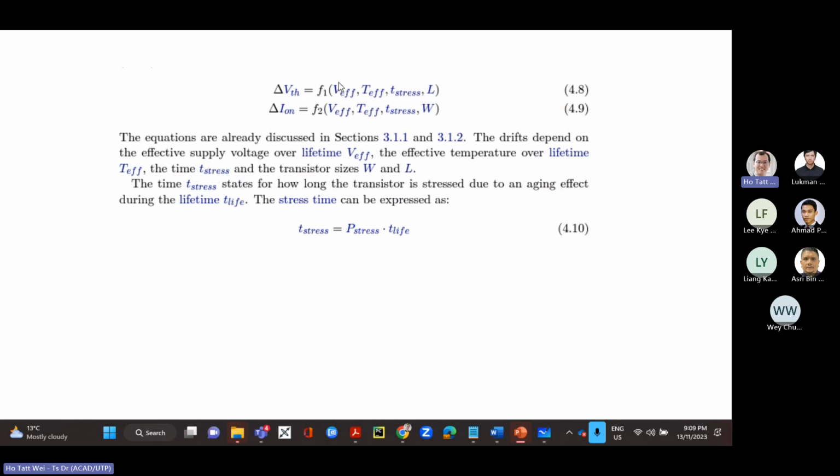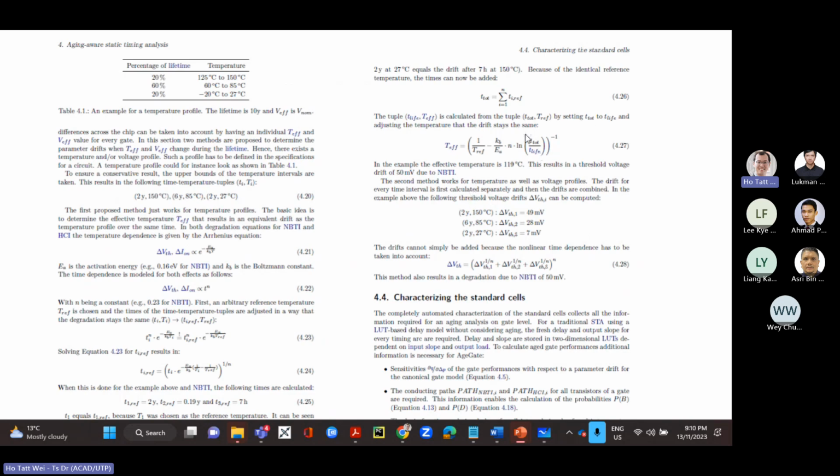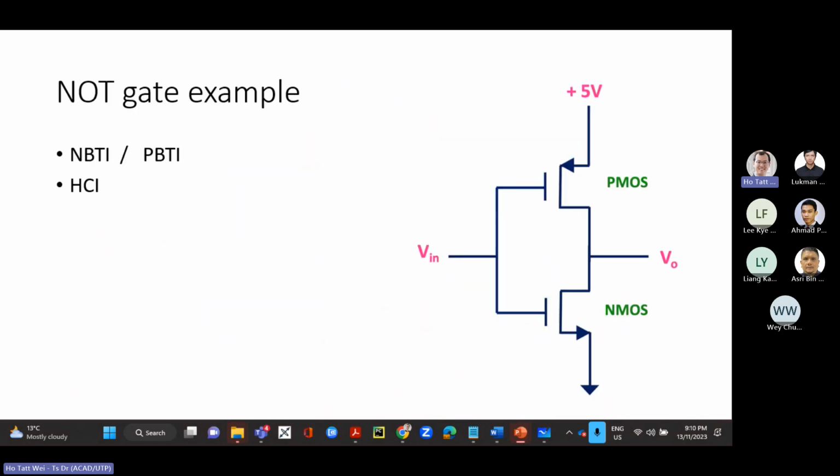During these different periods of temperature operation, they'll contribute different amounts of aging delay. So you can estimate the whole total aging delay. Again, I repeat, this is not coming up for your exam or your test, but I just share with you in case you want a more accurate way of modeling for your own workplace.